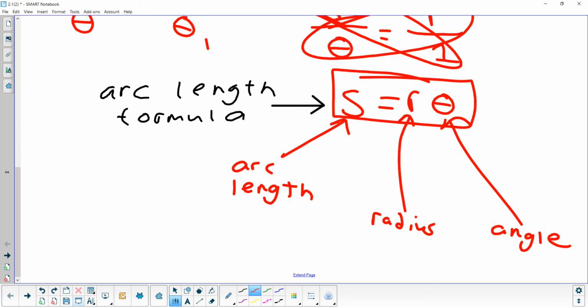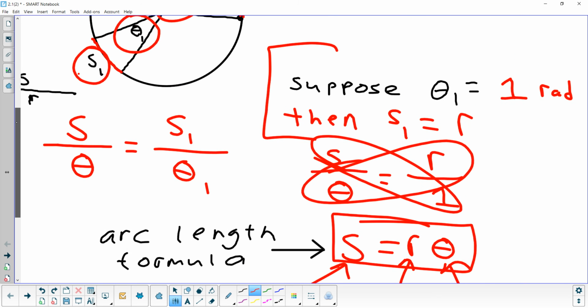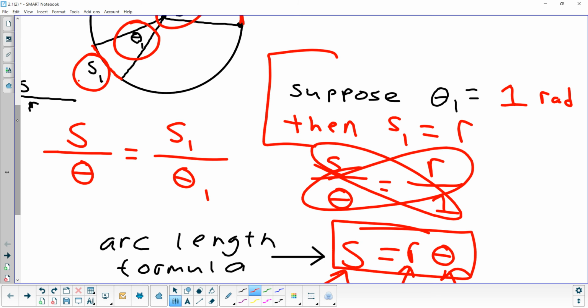But if we go back up, what units did we assume? I didn't say this, I asked somebody and they told me. What units was I assuming my angle was in from the very beginning? Radians.